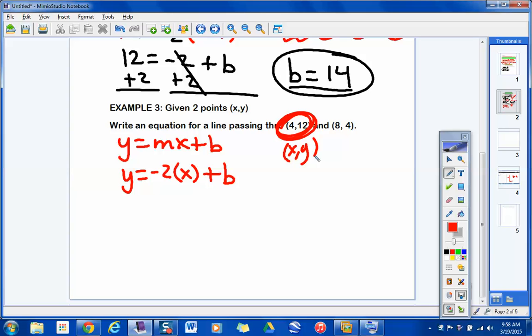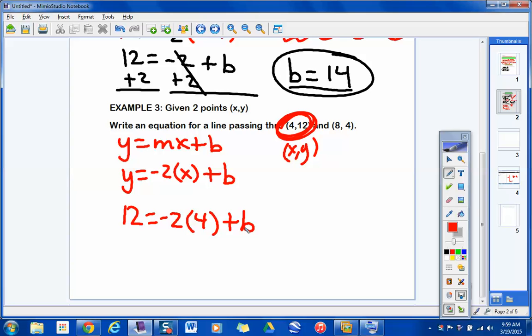What would you plug in for y given that point that you chose? 12. 12 is going to equal the slope that you know of, negative what? -2, right? What's the x value for this point? 4. So 4 in for x, 12 in for y, right guys?